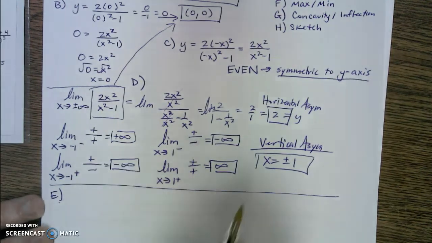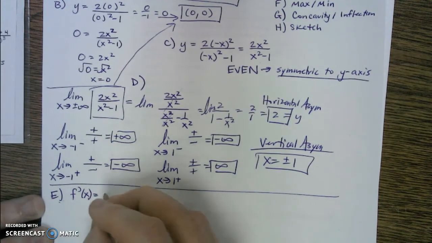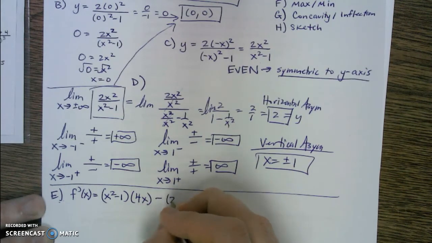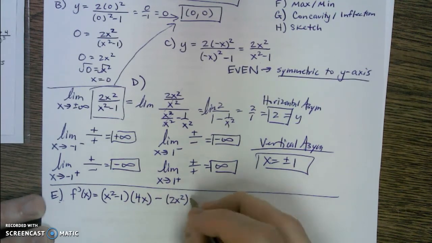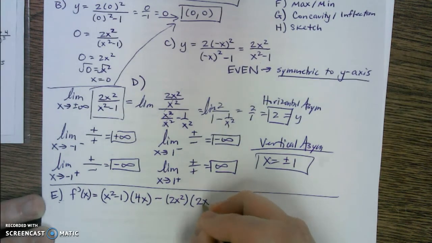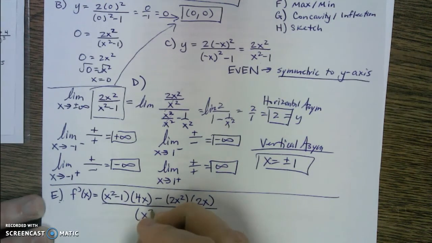We're going to do quotient rule with that. So the derivative would be low d high, which would be 4x, minus high d low, derivative of the bottom is 2x, square the bottom, and away we go.